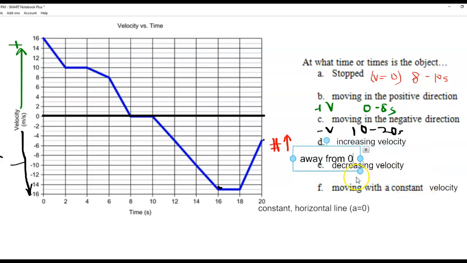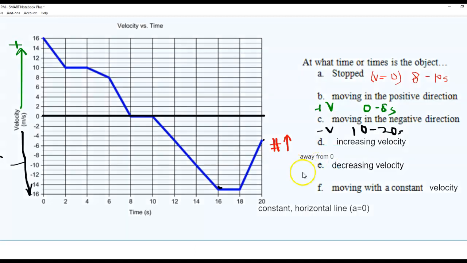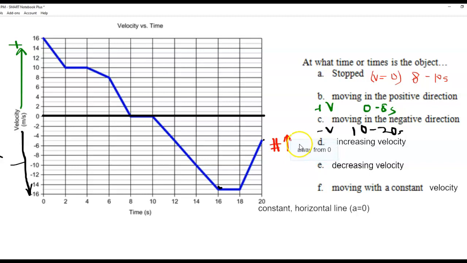Let me shrink that down. So I would say the times where it moves away from 0. That section is constant, not moving towards or away. This one is away. So the only one that it looks like speeds up is where I'm tracing in yellow there, that highlighted section of the graph.